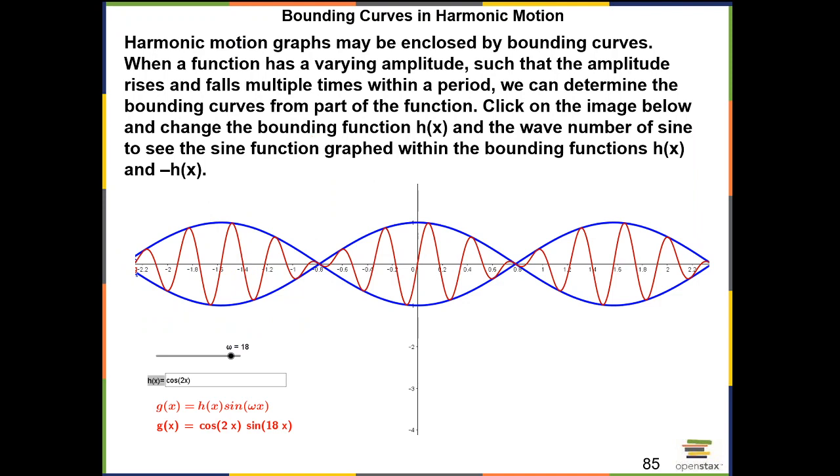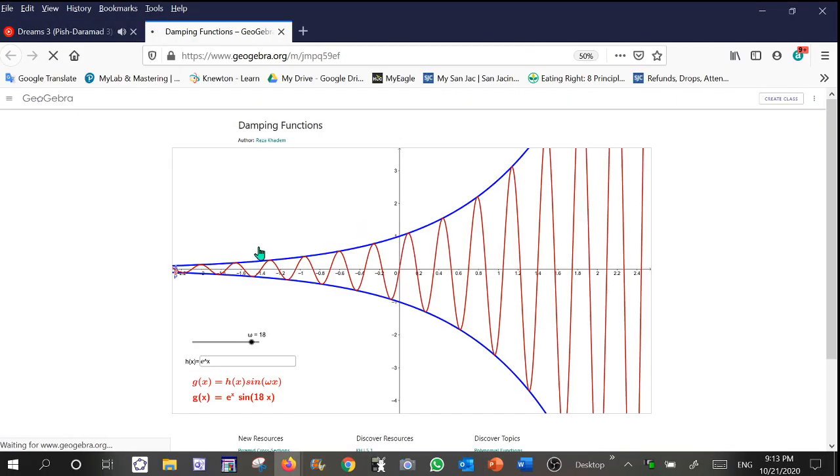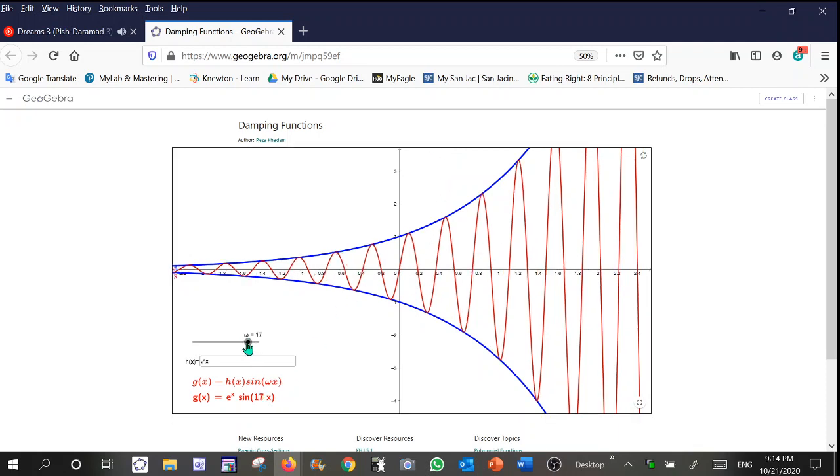Now the last thing I want to do, I want to show you in general in the notes. If you click on this, you can go to the notes. The audio is going to be a little off, but you see here is the damping function, and we can change this.